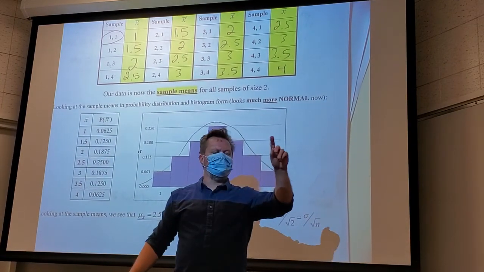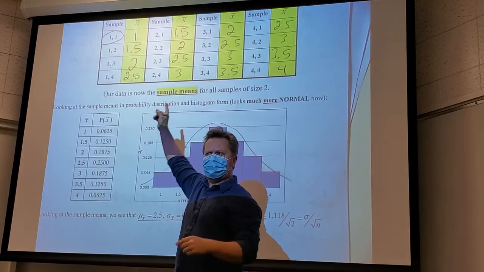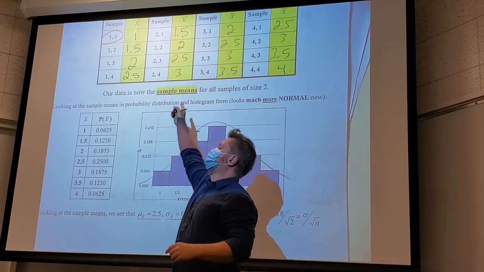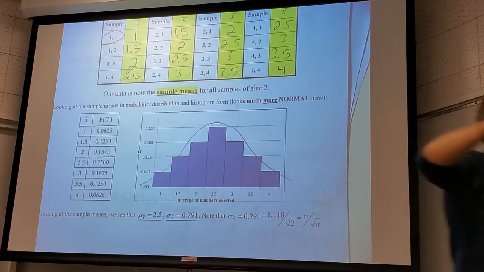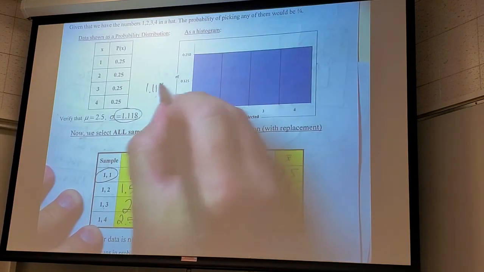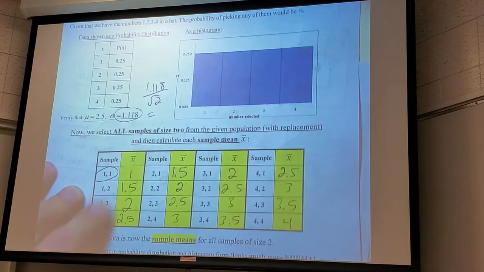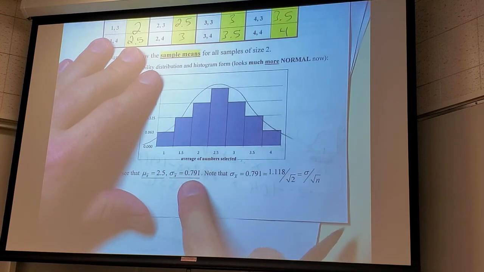I said the new standard deviation would be the original one divided by the square root of n. How big was the sample we took? 2, right? What was the original standard deviation for individuals? 1.118. And sure enough, if you do 1.118 divided by the square root of 2, you get what we got here.